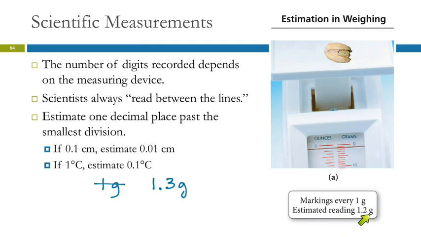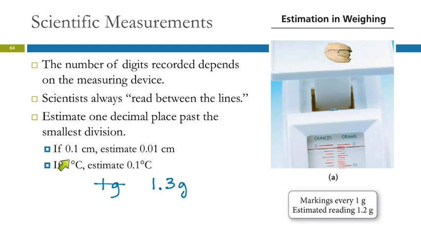And the author said, well, it's 1.2. That's okay, because there's uncertainty in that place. We're not saying that it's absolutely 0.3 or absolutely 0.2. We're saying this is our estimate. But the 1 is certain. We always include all of the digits that are certain and 1 that's estimated.